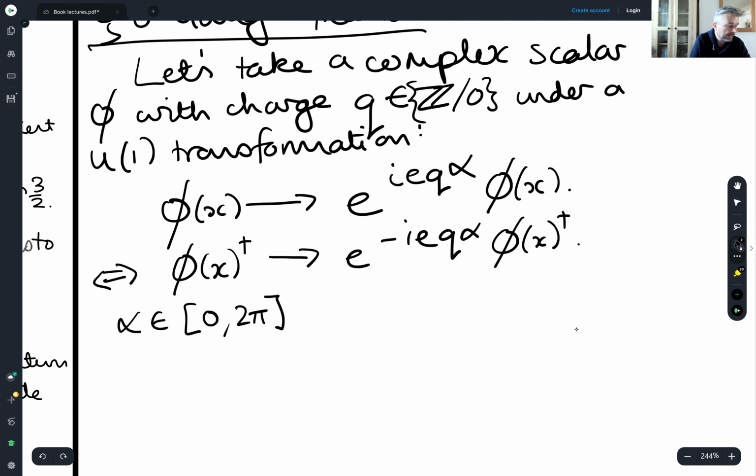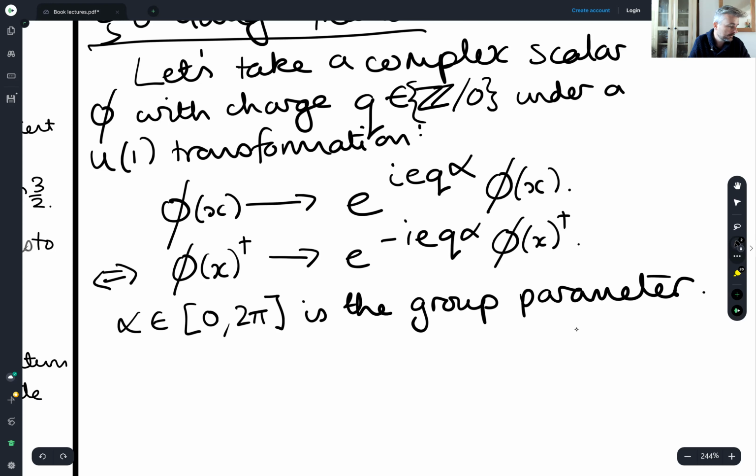This is the angle, the group parameter. It's the angle of the phase. And previously, we haven't separated out e, Q and alpha. We've just put them all as one thing, alpha.